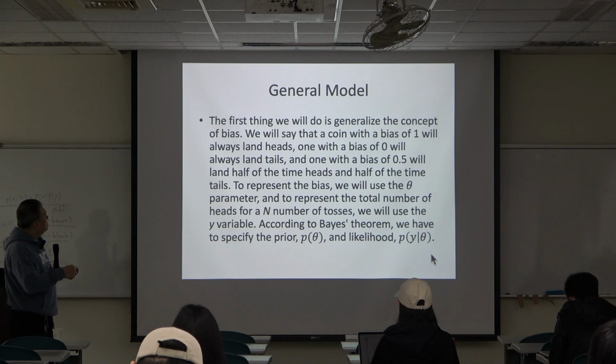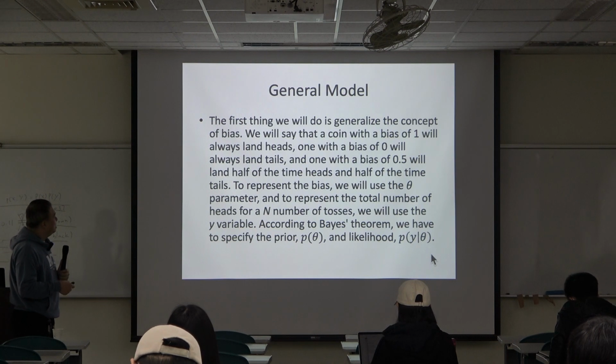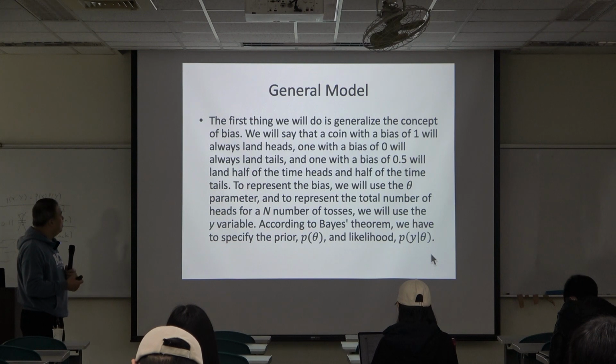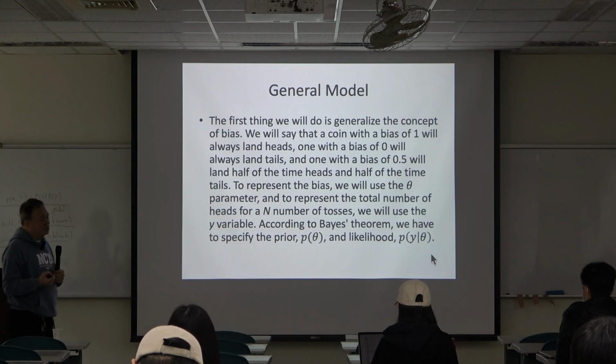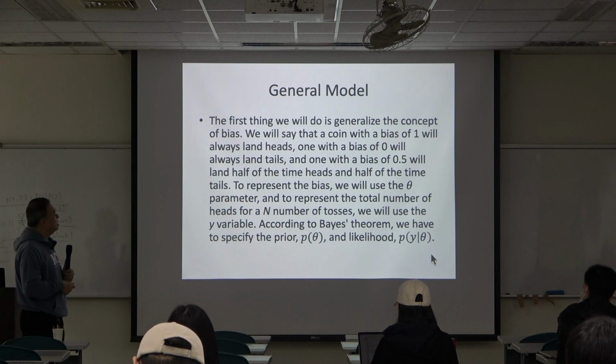So the first thing we will do is generalize the concept of bias. We will say that a coin with a bias of 1 always lands heads, and a bias of 0 will always land tails. The one with a bias of 0.5 will land half of the time heads and half of the time tails. This is very easy, right?